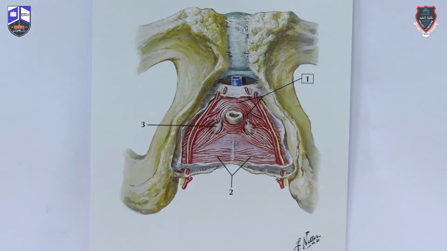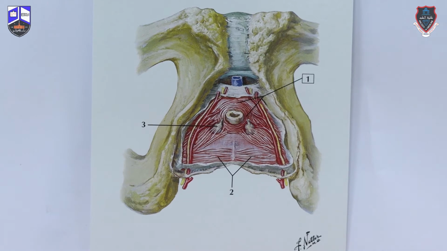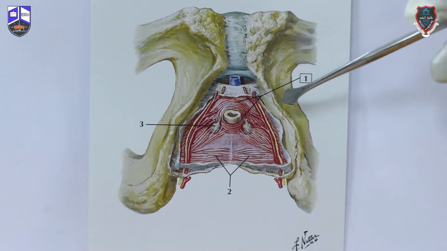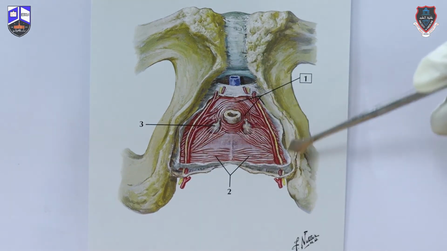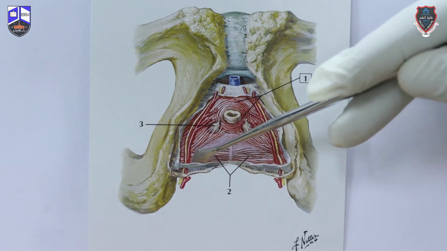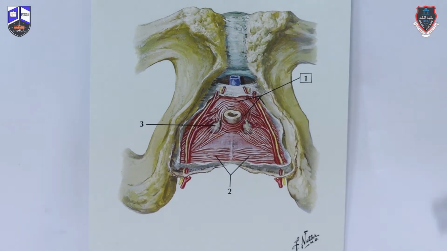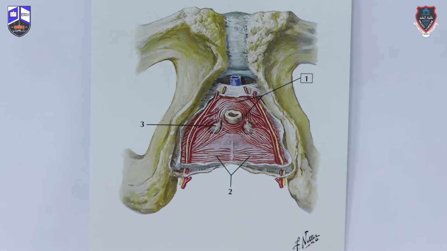The other fascia found here, where we cut it and here is a margin, is called the inferior fascia of the urogenital diaphragm.